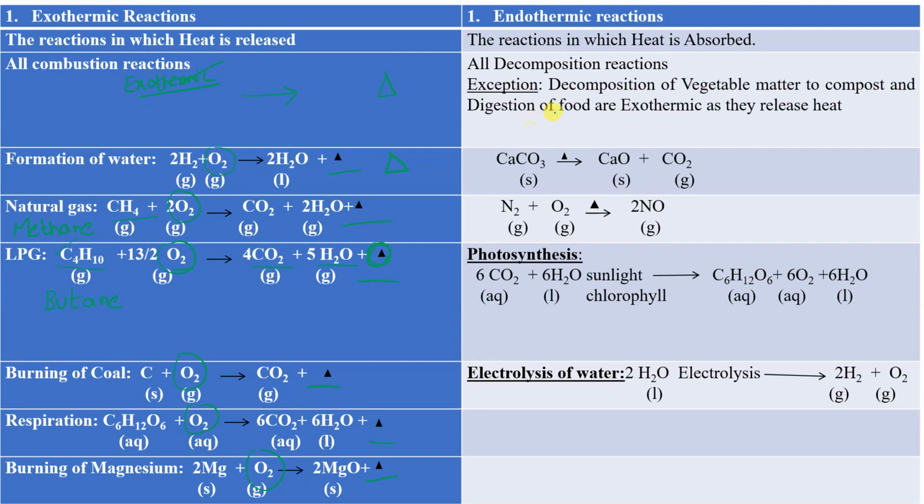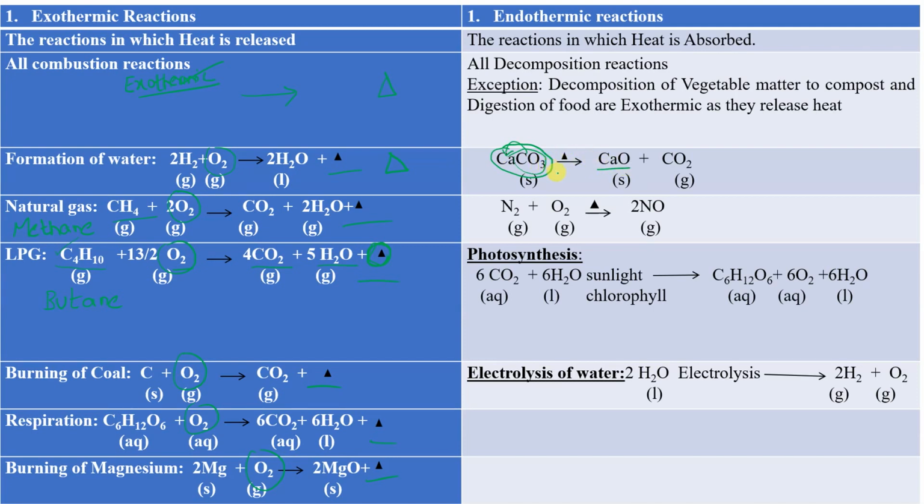Let's come to endothermic. Endothermic reactions are the reactions in which heat is absorbed, on the reactant side. It is quite opposite to exothermic reactions. Say, for example, I have taken calcium carbonate and I'm heating it. From CO3, one of the oxygens is taken by calcium and it converts to calcium oxide.